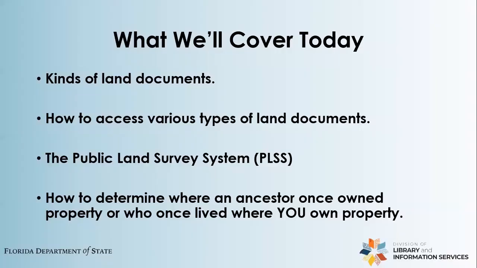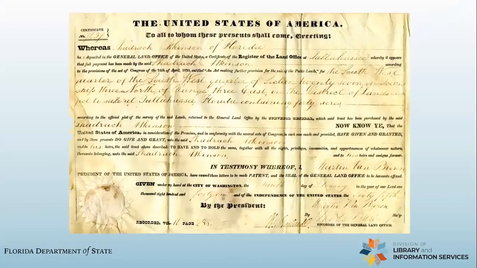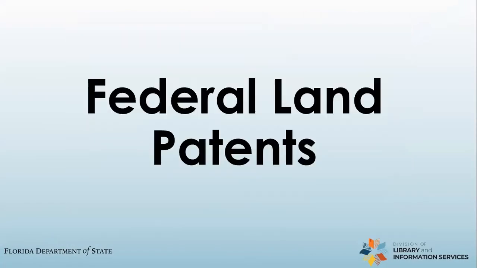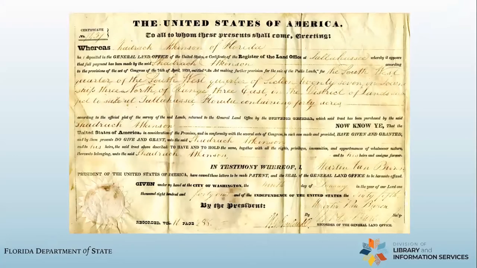So last time, in part 1 of this program, we went through 3 major steps. We talked about the different kinds of documentation of land ownership. We looked at federal land patents, where people acquire their property directly from the federal government.